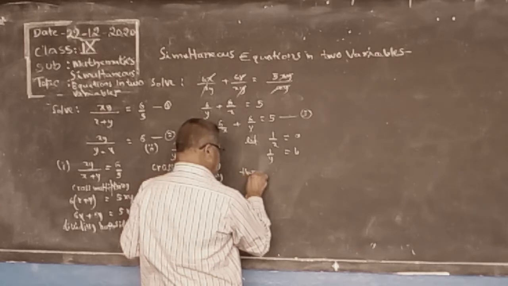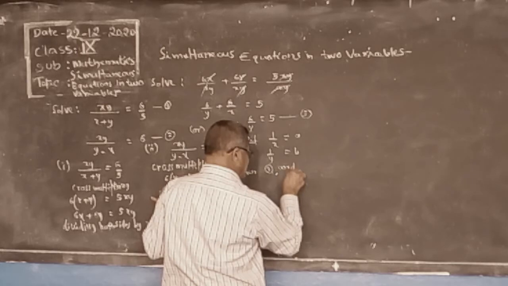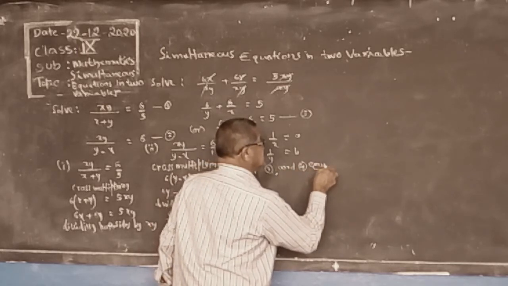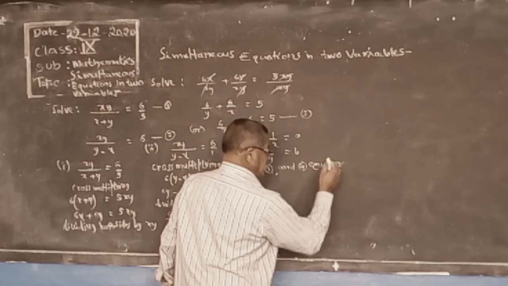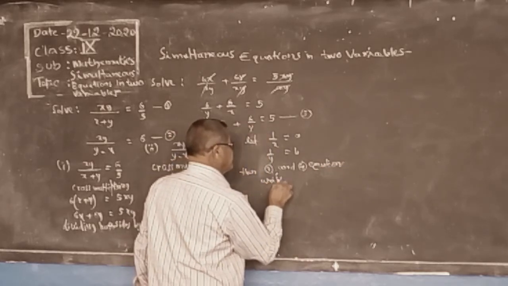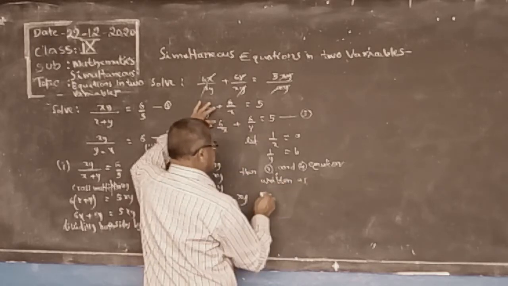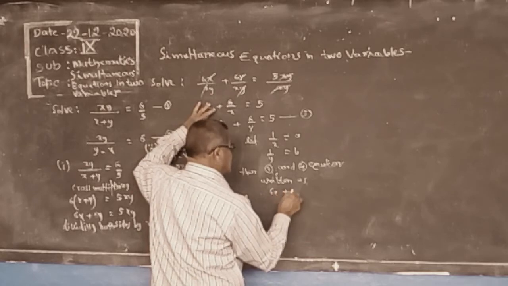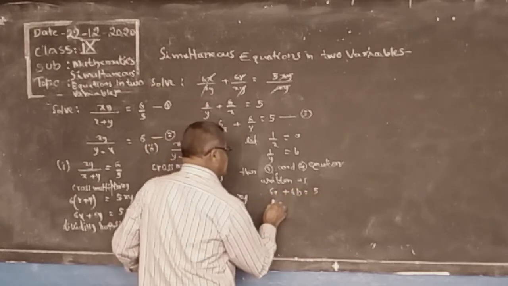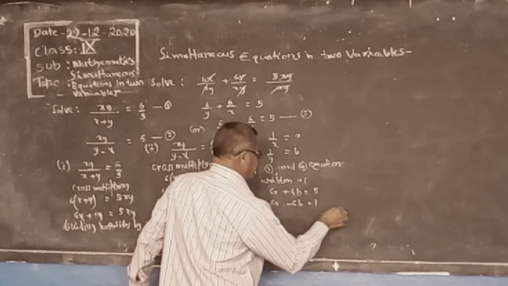Then equations 3 and 4 are written as 6a plus 6b is equal to 5, and 6a minus 6b is equal to 1.